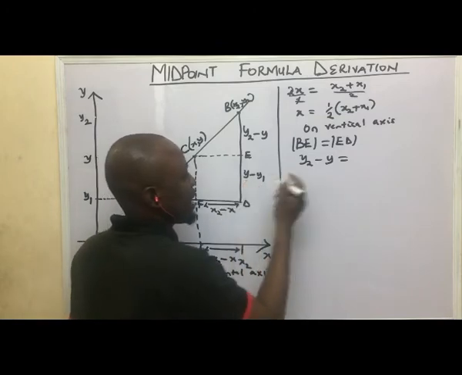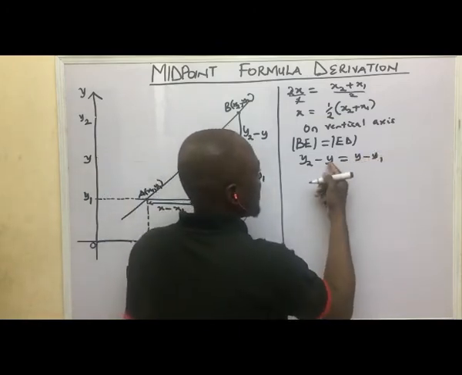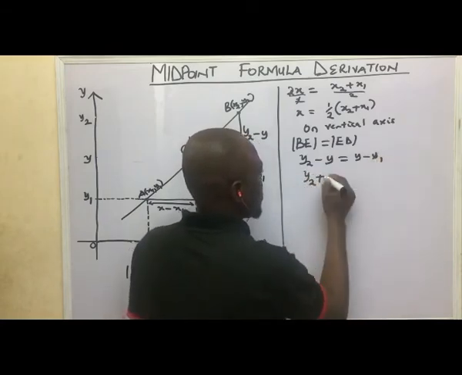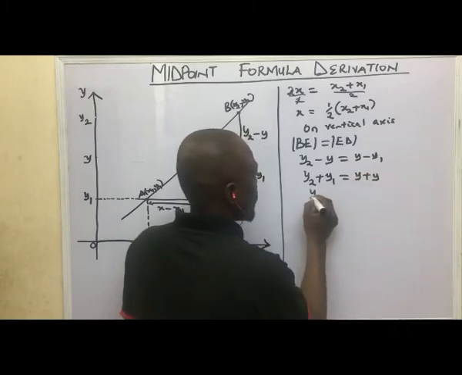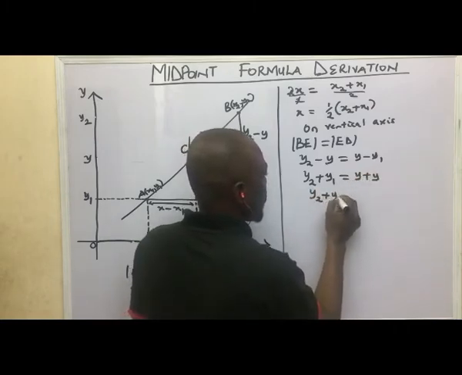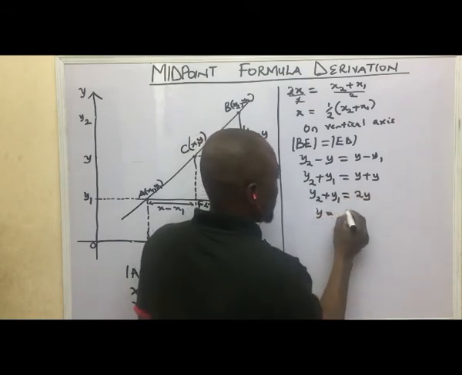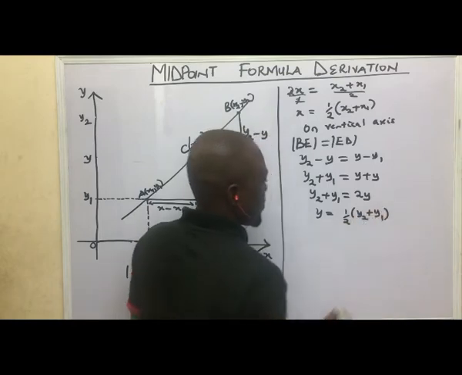I have y minus y sub 1. So I'm going to take y to the other side. So I have y sub 2 plus y sub 1 equal y plus y. So y sub 2 plus y sub 1 equals 2y. So y will be half of y sub 2 plus y sub 1.